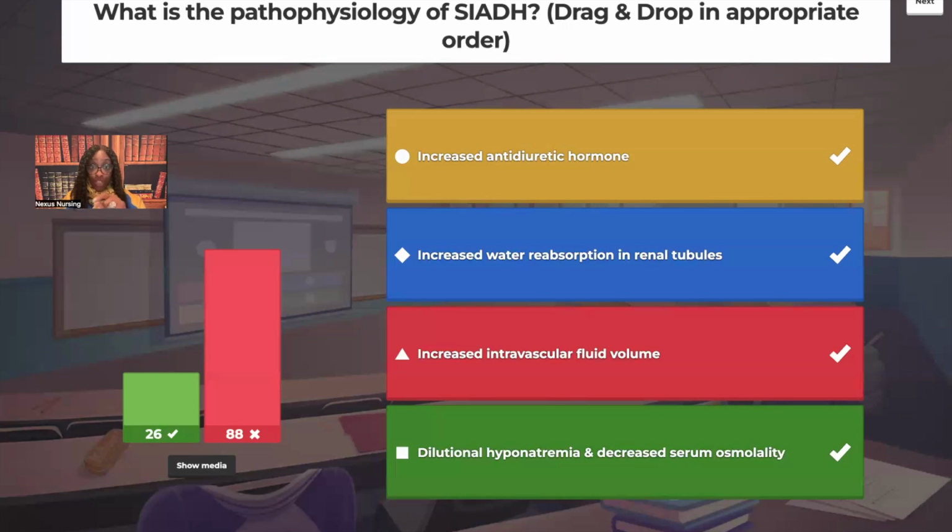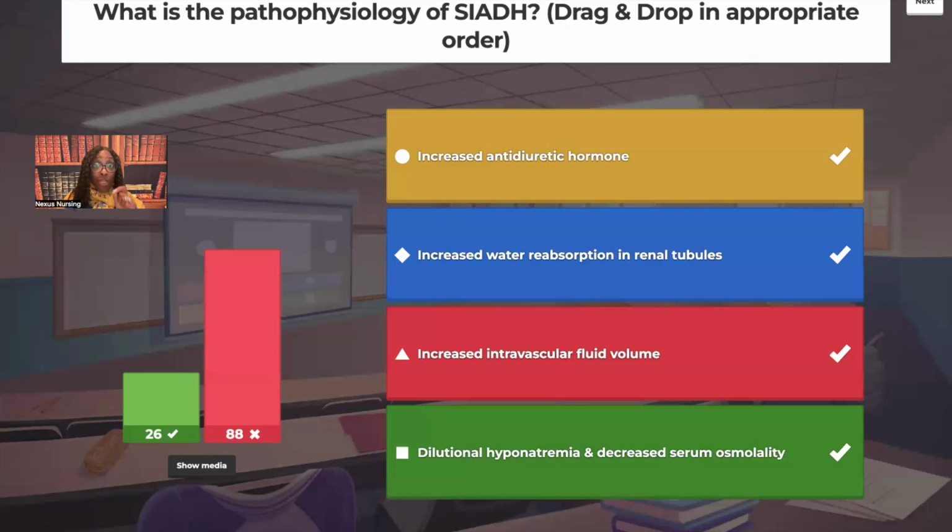Having too much ADH causes what comes next: increased water reabsorption in the renal tubules. The kidneys, which are supposed to allow you to release the fluid via urine, could do one or two things: release the fluid or reabsorb it. It reabsorbs. Now, you see that word reabsorption?